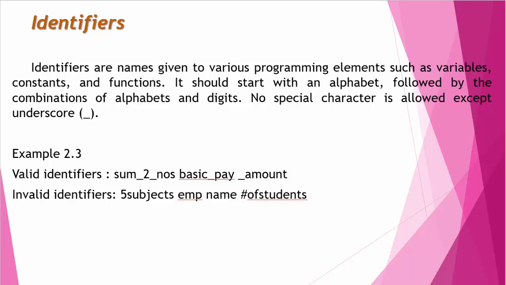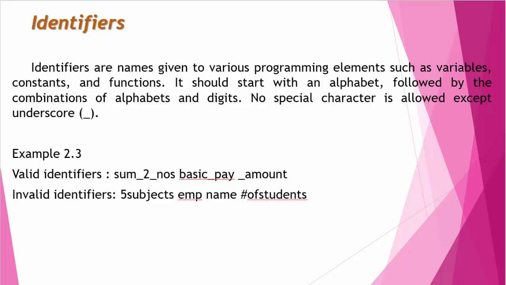And invalid identifiers are, like here, 5 subjects, emp name, and student hash. In 5 subjects, it starts with 5. In emp name, there is a space in between, so it must not contain a space. And in hash of student, the hash must not be there.